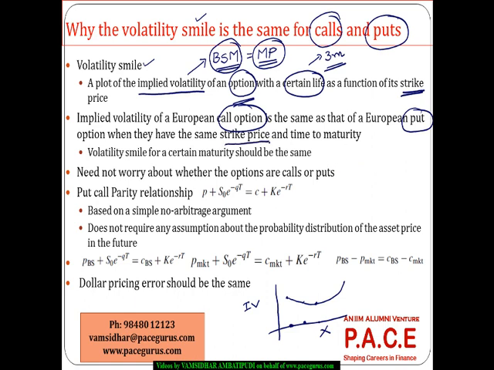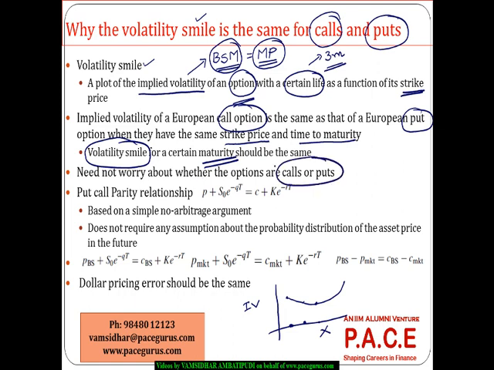If they have the same strike price and the same time to maturity, the implied volatility remains the same for the call option as well as for the put option, which means the volatility smile also remains the same, because the strike price is the same, and we know that the implied volatility is the same for call as well as put, which means the volatility smile for that same maturity should be the same.